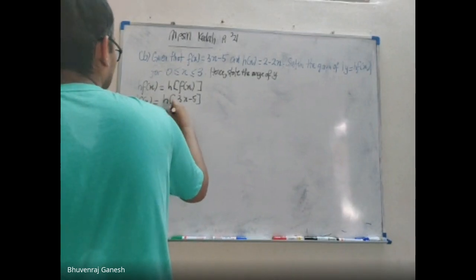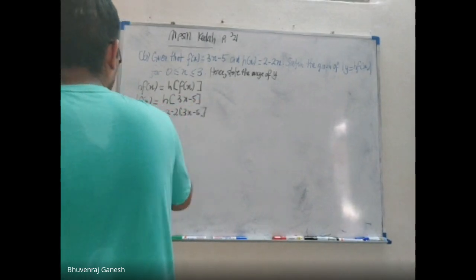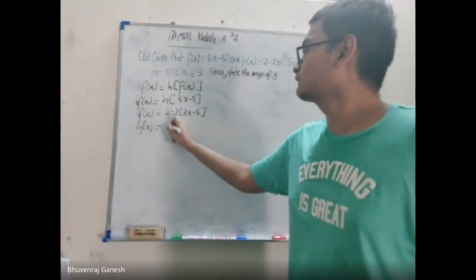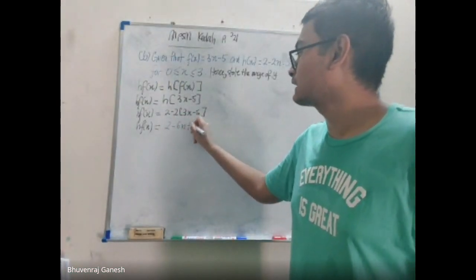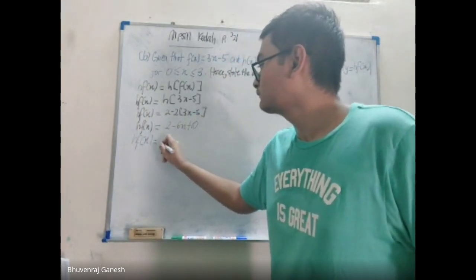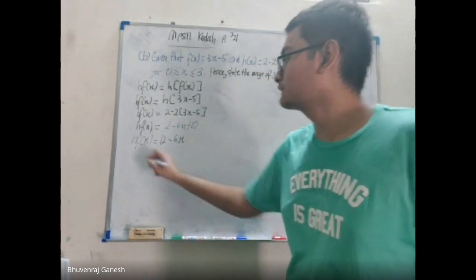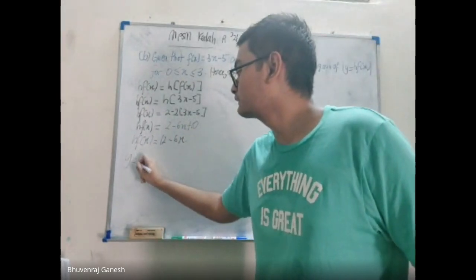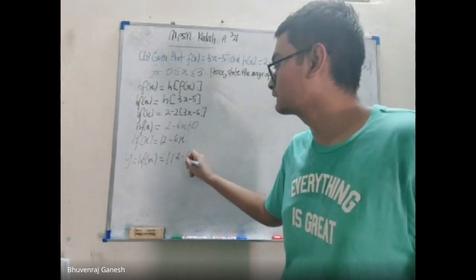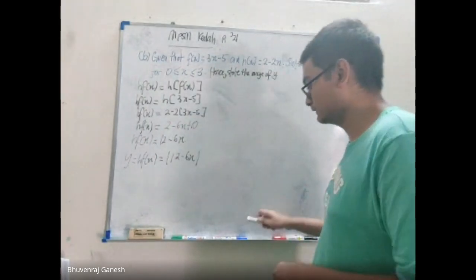So you'll get 2 minus 2 bracket 3x minus 5. From here you expand: 2 minus 6x plus 10. Simplify, 12 minus 6x. Of course, it's in a modulus, because the question asks for modulus 12 minus 6x. So you do this, you already get a mark because you found the composite function.